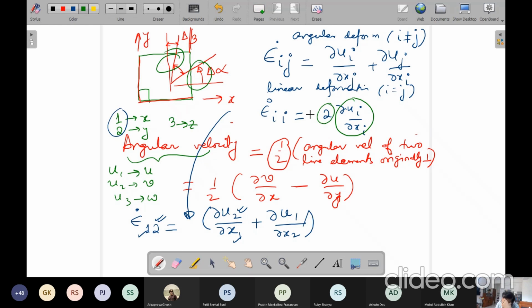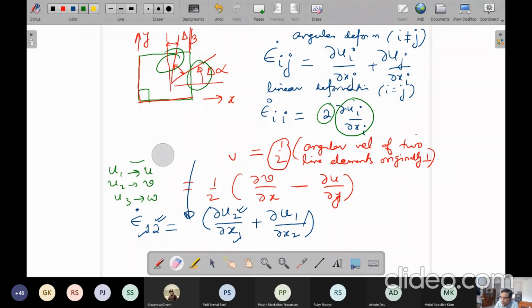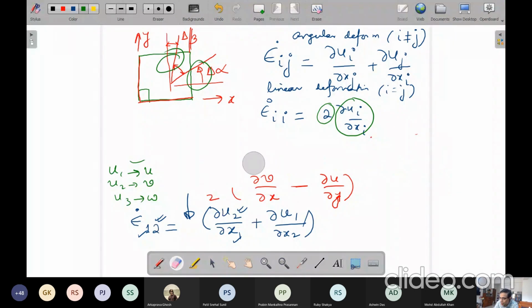So to get rid of that 2 factor, we can define something artificially in a mathematical way to make it inclusive of even the linear deformation. And angular deformation anyway is an artificial definition. So whether we put half or not, it is artificial. Linear is not artificial because linear is physically what is there. The angular is artificial because we are defining it on the basis of some definition that we give.